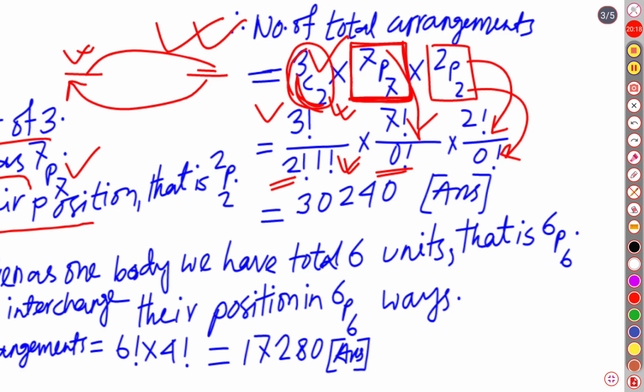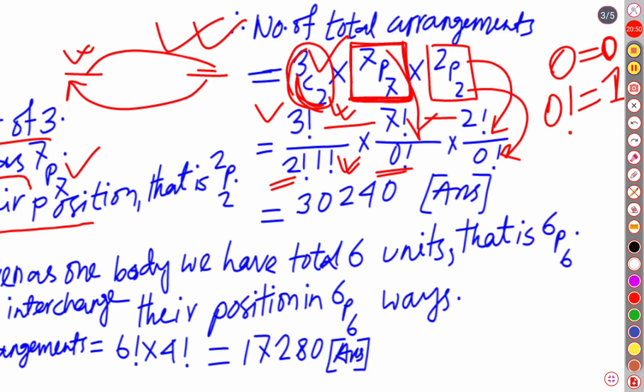Using our calculator, we write 3 factorial times 3 factorial times 7 factorial times 2 factorial, divided by 2 factorial. Remember, in common algebra, if 0 multiplies something, it's equal to 0. But in permutation and combination, 0 factorial is not 0. 0 factorial means 1. So don't get confused about how it can be defined if the denominator is 0.